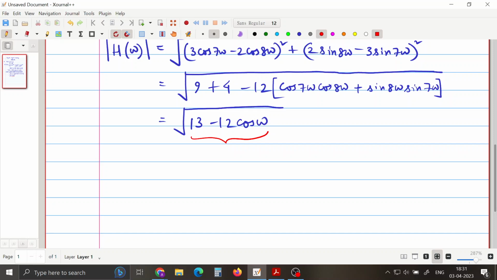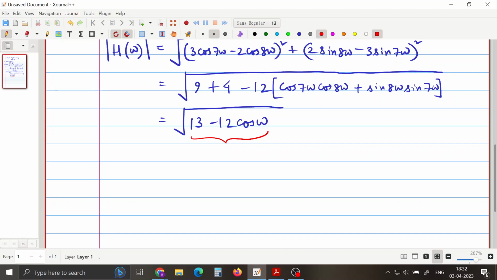And in discrete time, as you know, the limits for omega is from -pi to pi, or from 0 to 2 pi, whichever you take. So when does cos omega become the minimum? That is, cos omega is -1, the minimum value. It attains the minimum value at omega equals pi, right?